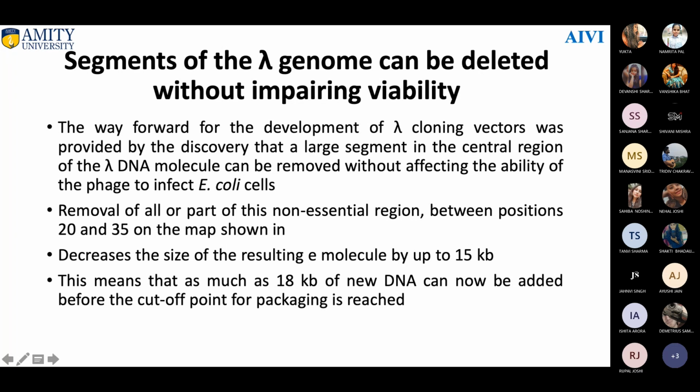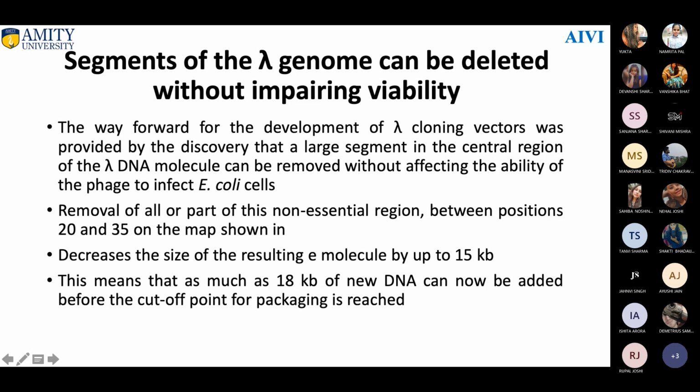In the case of M13, a small virus, only a very small segment could be removed, but here you have a very large fragment. It is the removal of all the non-essential region between positions 20 and 35 on the map. I will show you the map.